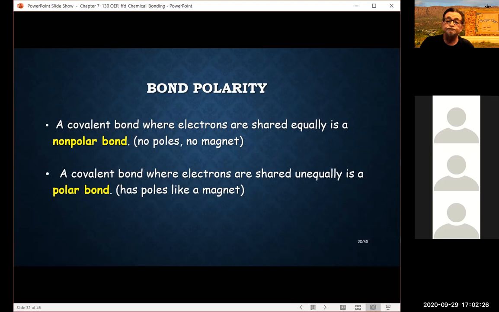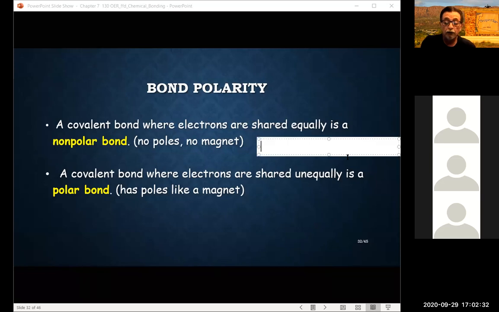So nonpolar bonds are all diatomic molecules, plus any carbon-hydrogen bond. So now you have 8 examples.